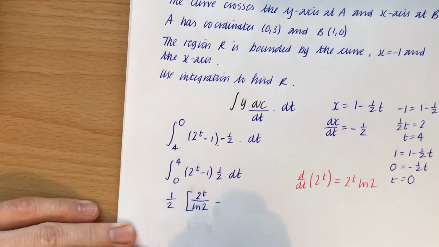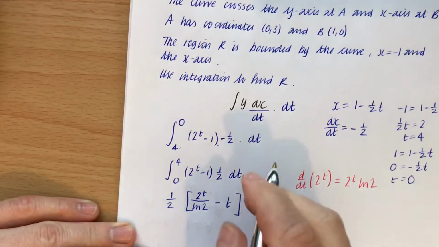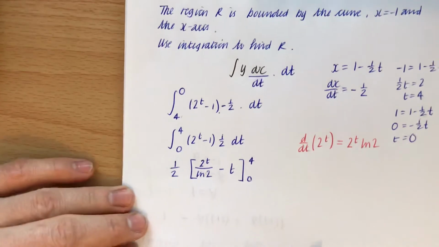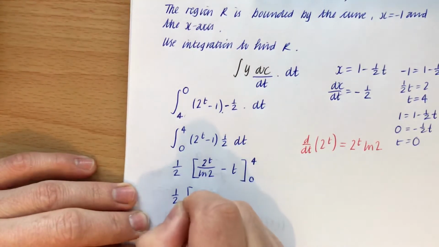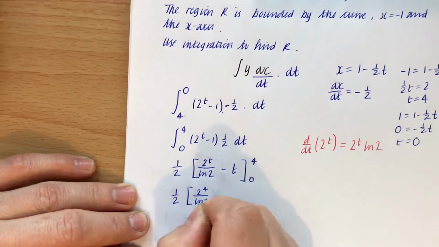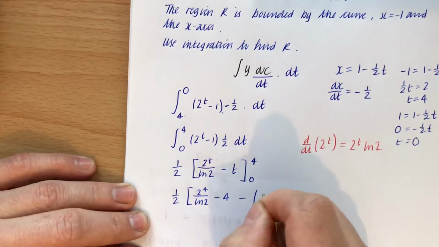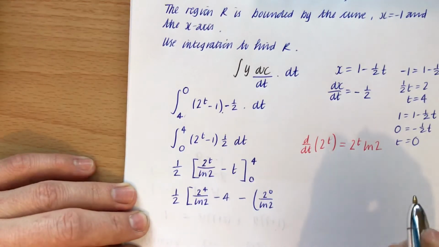Minus 1 will go to a t. The half we dealt with by taking it to the front. Limits are 4 and 0. So we've got a half bracket 2 to the 4 over log 2 minus 4, minus 2 to the 0 over log 2.